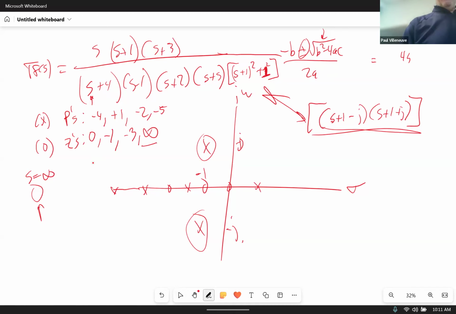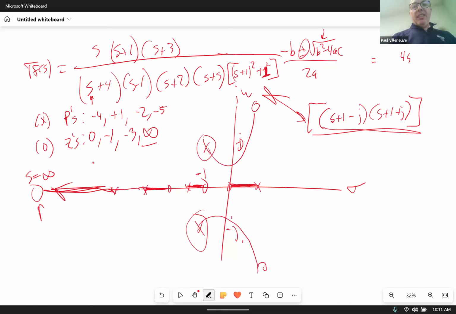Before we added these two, most likely our pole zero maps would go like this, and like this, and end out in that direction. But that was doing what we call root locus. So normally we put it over here. But when we added these two, we probably will have poles way out over here. So now it might approach it like this. It just depends on having some familiarity with pole zero maps.